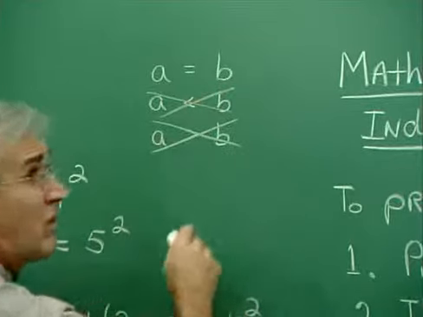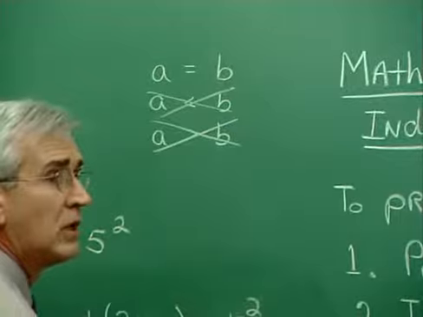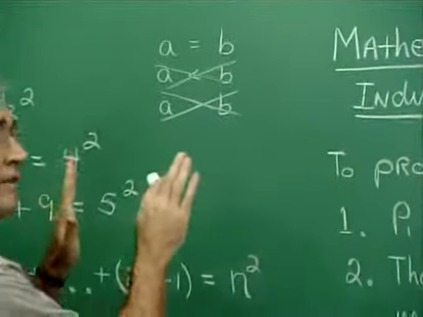Then we have sort of by default shown that the 2 items are equal to one another. So that's an idea of indirect proof.